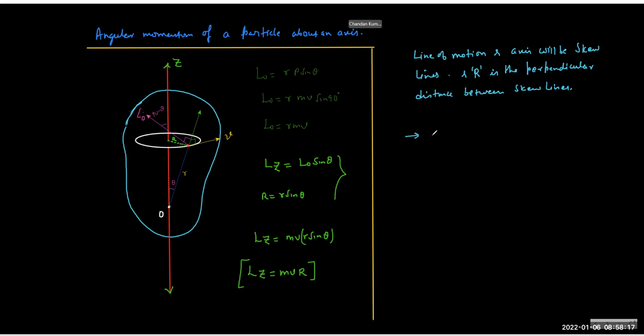So you should remember that if velocity vector is parallel to the axis, then L about the axis will be zero.